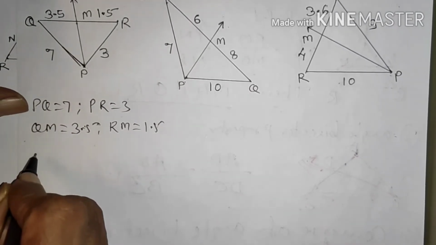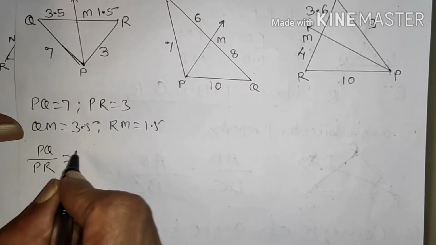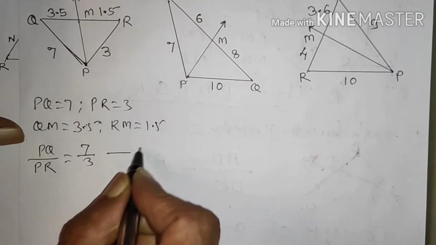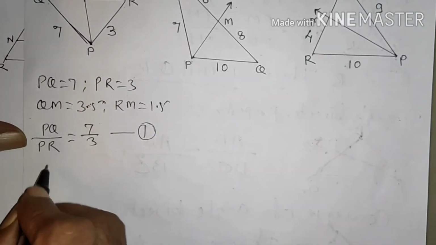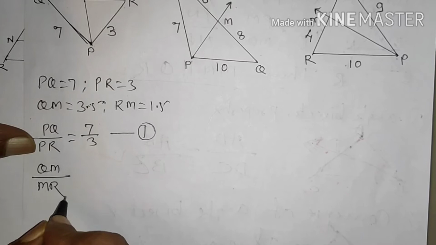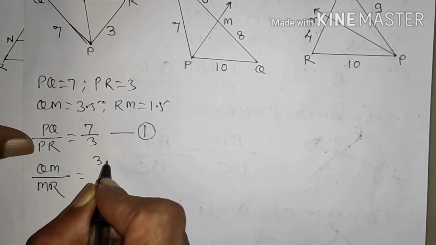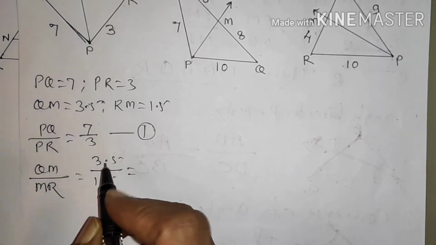So, PQ divided by PR is equal to 7 upon 3. This is the first one. Second, QM divided by MR is equal to 3.5 divided by 1.5. This is in decimal.